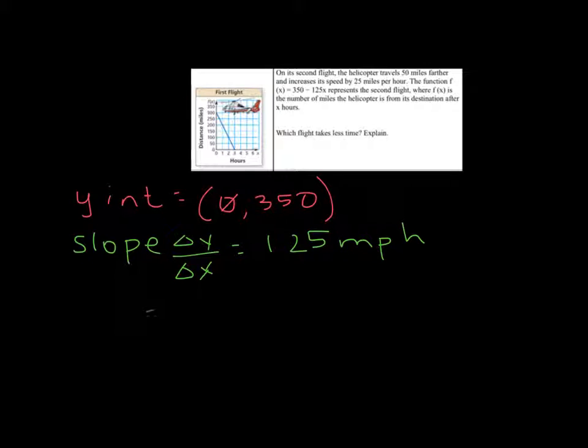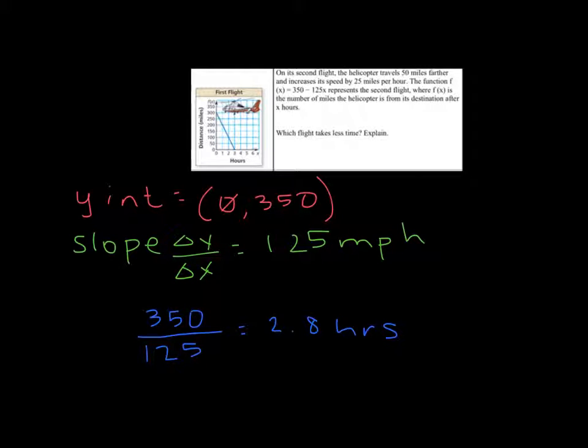We know that they have 350 miles that they need to travel, and they're traveling at a rate of 125 miles per hour. So if I take the total distance that I need to travel and divide it by my speed, that should give me the time that the flight would take. So if I take my 350 and divide it by 125 miles per hour, I find out that this flight is only going to take 2.8 hours.